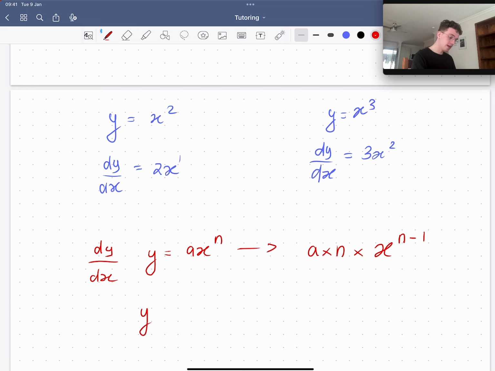Which also means if I have y equals x to the power of n, if I differentiate that, I get nx to the power of n minus 1.